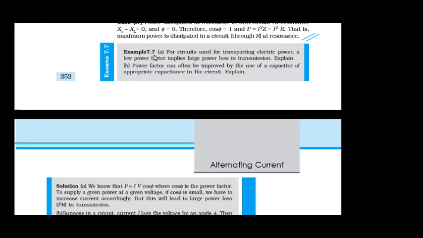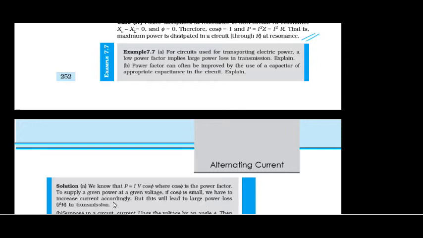Example 7.7. A, for a circuit used for transporting electric power, a low power factor implies large power loss in transmission. Explain. B, power factor can often be improved by using a capacitor of appropriate capacitance in the circuit. Explain.